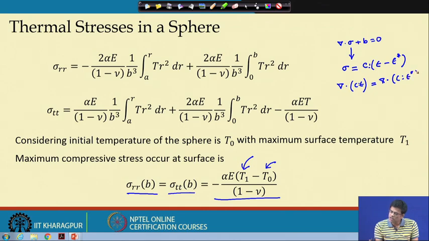So this epsilon star is the thermal strain. If I say this is my residual stress or sigma 0, then residual elastic strain is developed in the body. So essentially this part is the body force which acts in the differential equation.